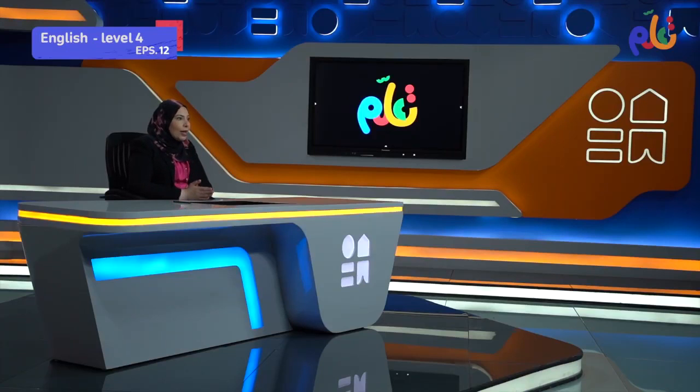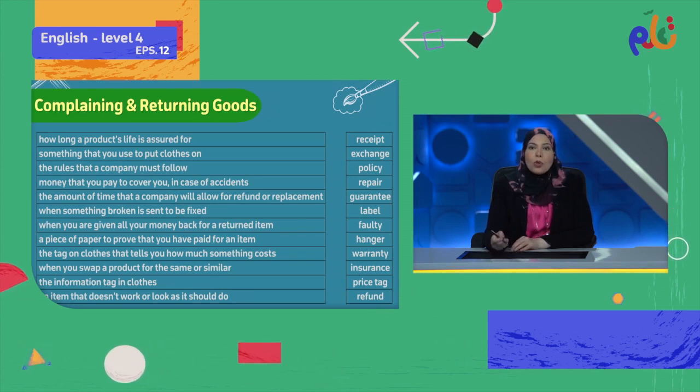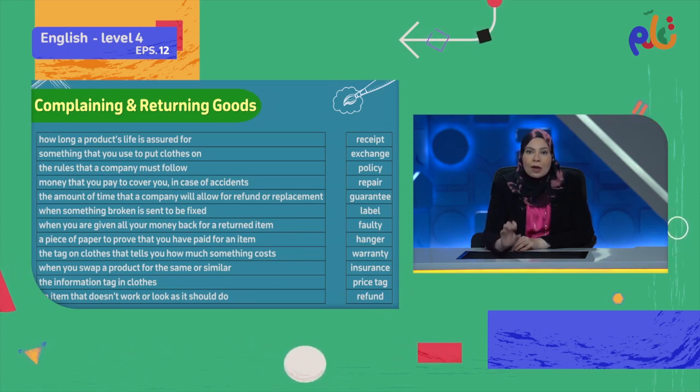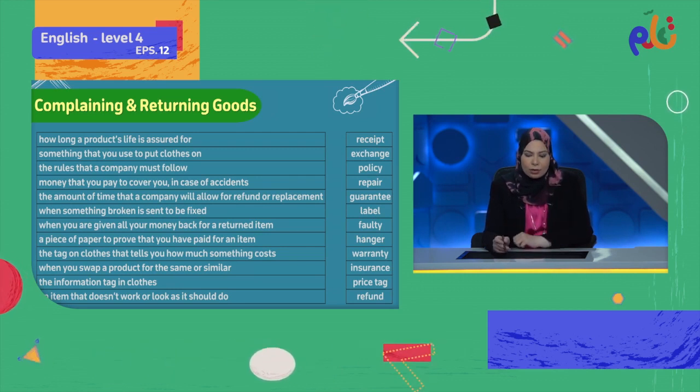So let's now start and look at the most important things that we can see when we buy something or when we get something. Let's look at the important words that can help me speak about bad service or especially bad goods. So goods are the same as products. Here we have words that we will usually have or see in a conversation where you have a problem with a product or maybe a service.